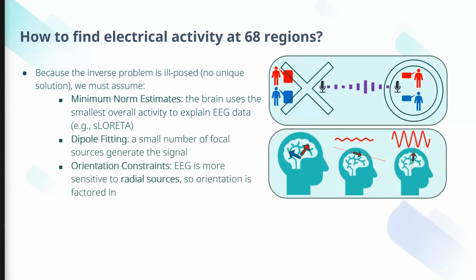We're also going to be using dipoles. A dipole is just a way of modeling that when there's some sort of large firing of neurons, there's going to be a positive charge in one direction, which is where the arrow is pointing, and a negative charge in the opposite direction. We're also going to pay attention to the orientation of these different dipoles. Let's imagine a dipole on the surface, but it's tangential.